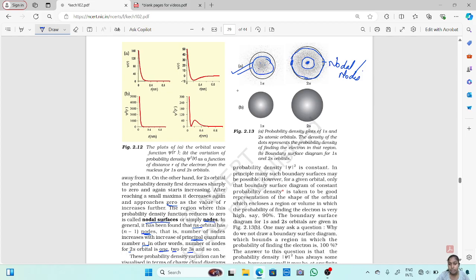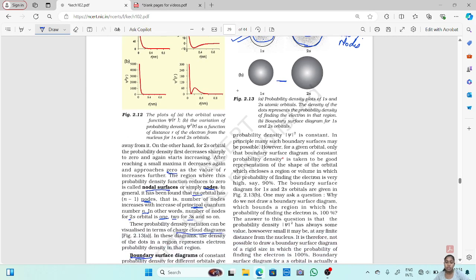In principle, many such boundary surfaces may be possible. However, for a given orbital, only that boundary surface diagram of constant probability density is taken to be a good representation of the shape of the orbital which encloses a region or a volume in which the probability of finding an electron is very high, say 90%.